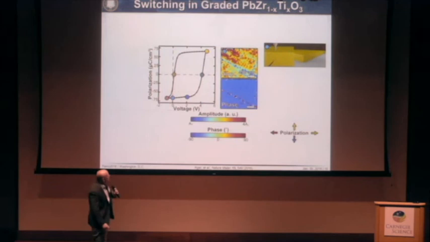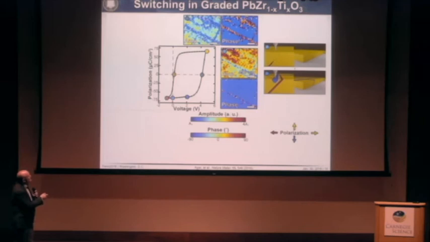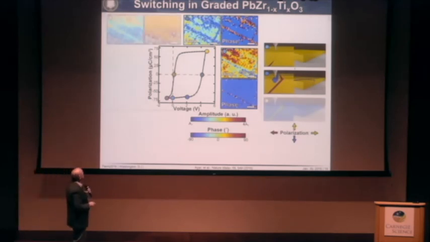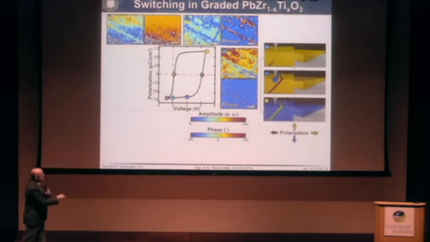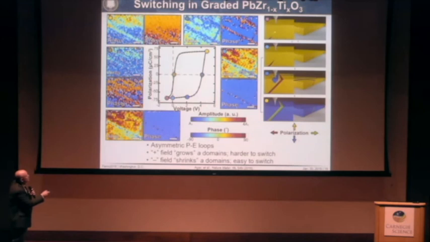All right, so we can walk through the switching process for this material. Things happen a little bit differently here. As we start to apply a bias, if we apply a positive bias in this system, we start to grow this A domain into this more classic structure. So we reinforce this A domain growing across the film. We switched the material at that point. Then as we start to go back in the opposite direction, we can push this A domain down.